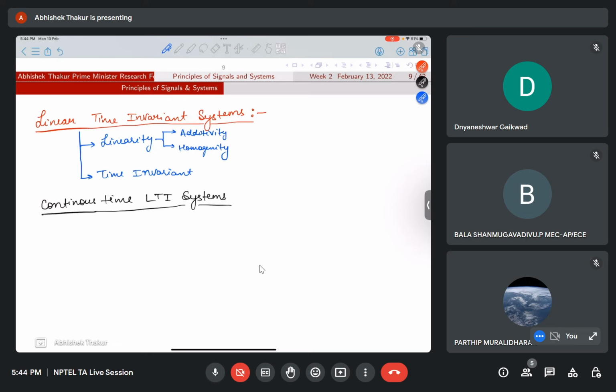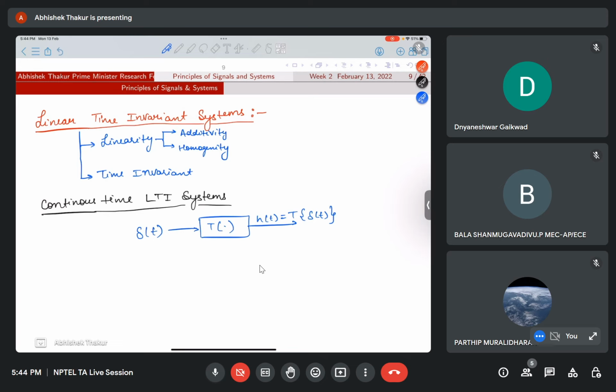Before that we'll see, when an impulse is given to any system, then the output is that, the impulse response. When the input is given del t, then the response to that input is the impulse response, that is ht.